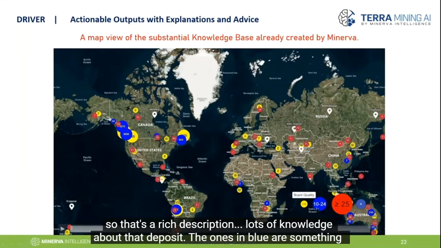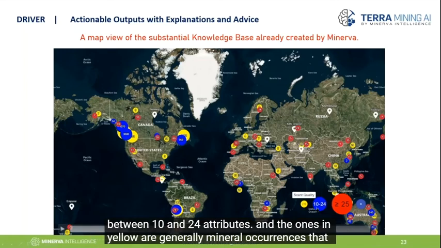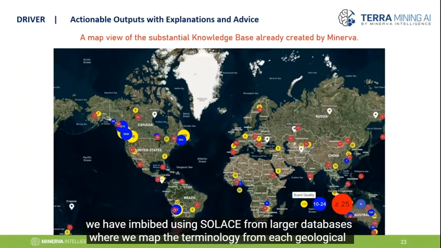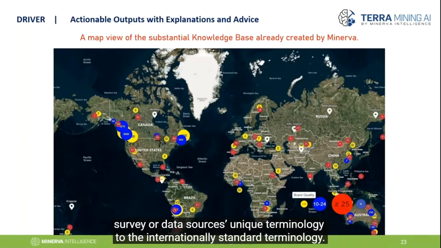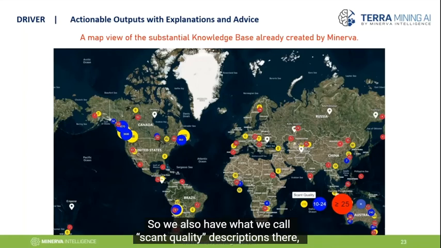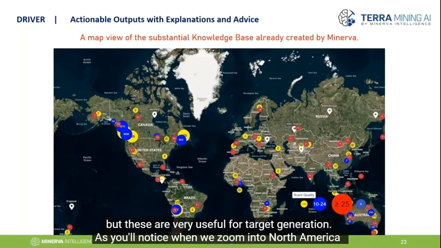The ones in blue are something between 10 and 24 attributes, and the ones in yellow are generally mineral occurrences that we have imbibed using Solus from larger databases where we've mapped the terminology from each geological survey or data source's unique terminology to the internationally standard terminology. So we have what we call scant quality descriptions there, but these are very useful for target generation.